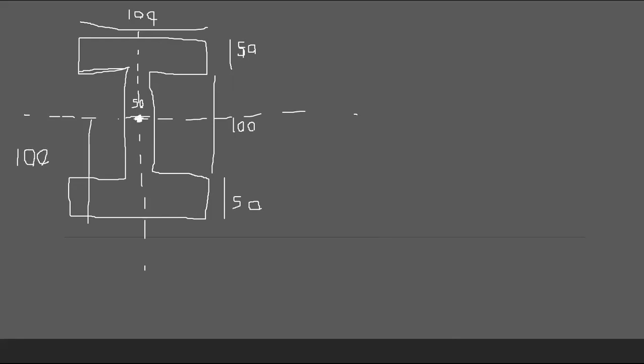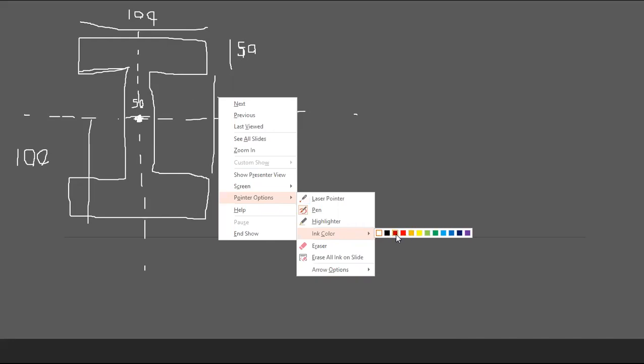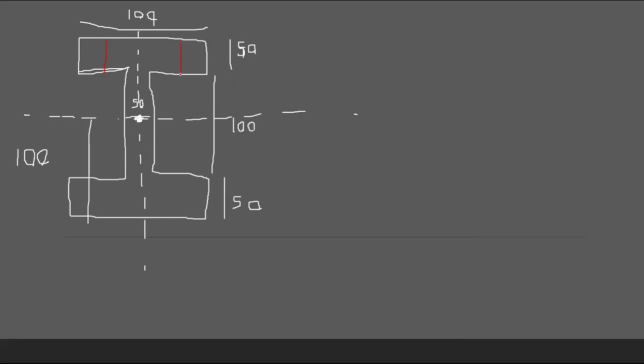If you don't know the centroid, you have to mark the centroid first. If it is not 100, then it is not symmetric about this axis. That means you have a smaller area here, so your centroid will move downwards, because you have less area from this.